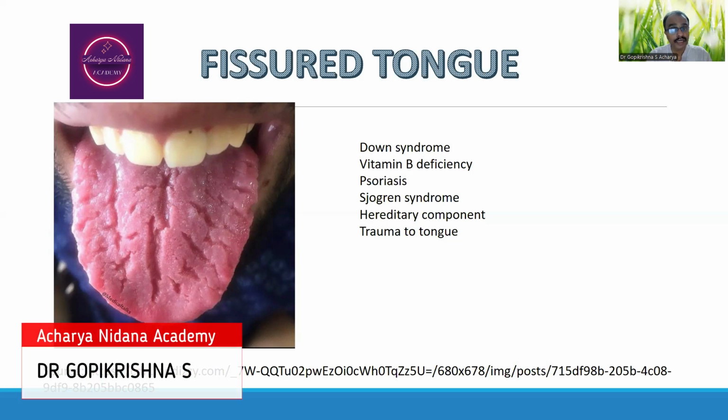It's a rheumatic disease where the person will have joint pain as well as salivary gland involvement. In case of a hereditary component, it may run in families. There may be a possible trauma to the tongue that may cause this kind of fissured tongue.